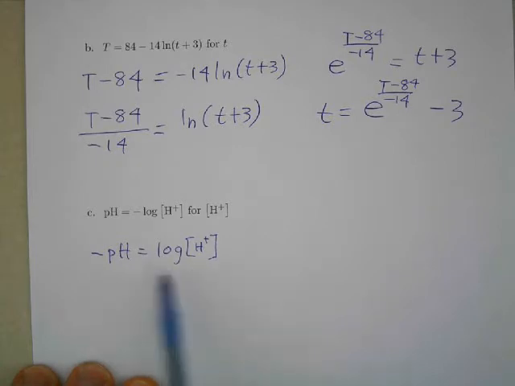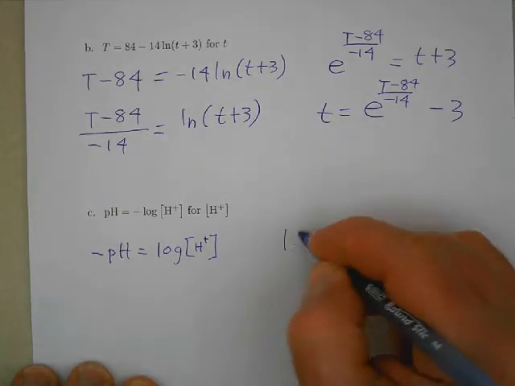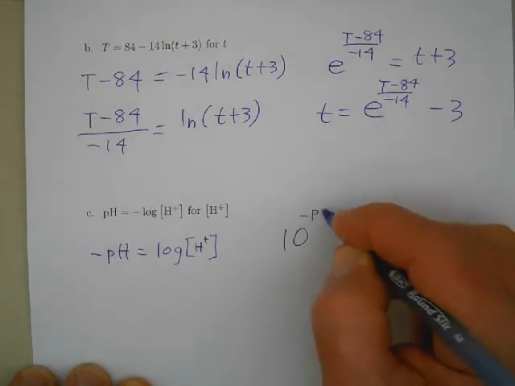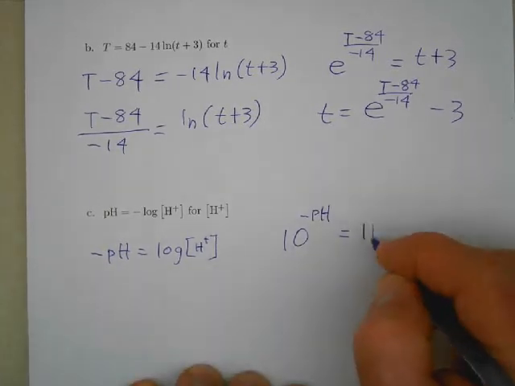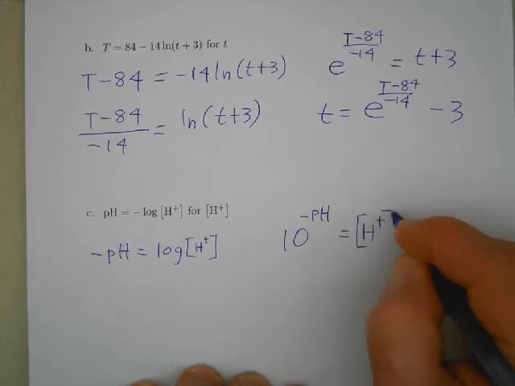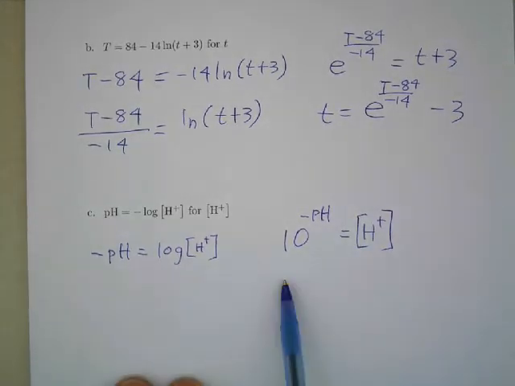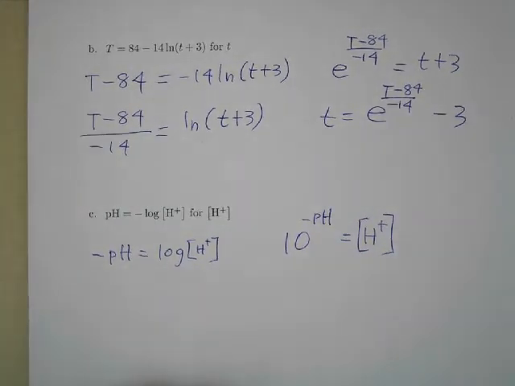The base 10 raised to the negative pH is equal to the argument of the logarithm, which is just the hydrogen ion. So that's the complete problem there.